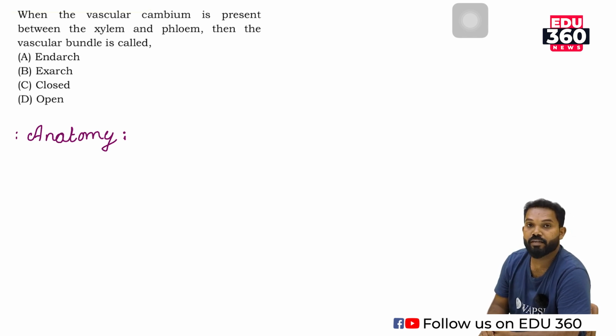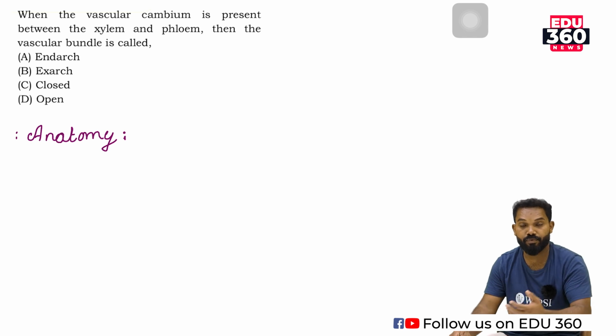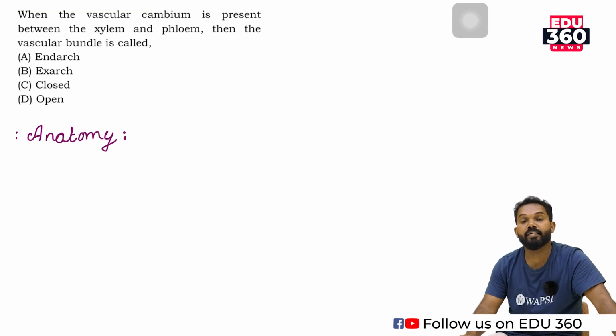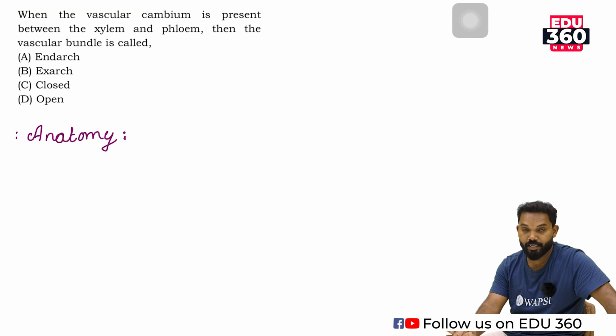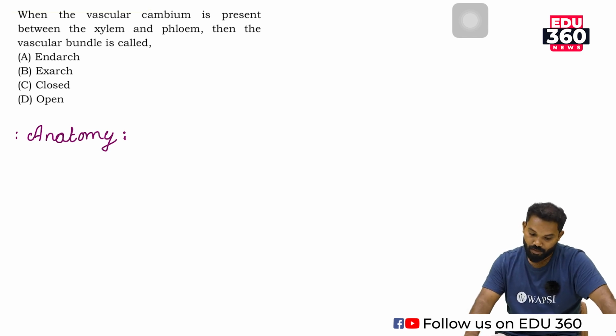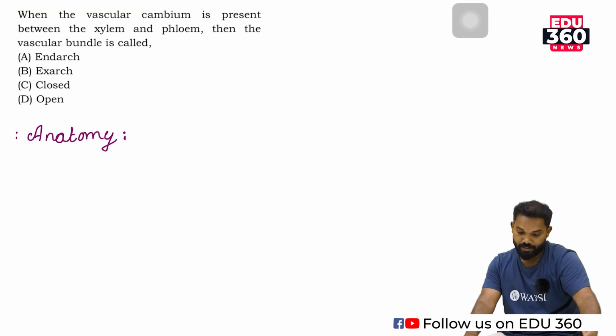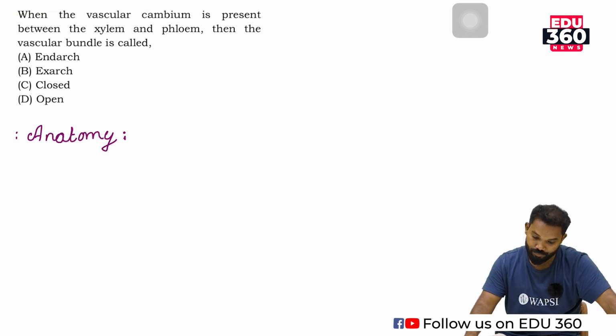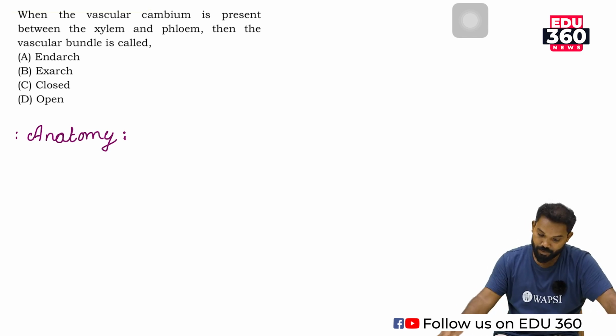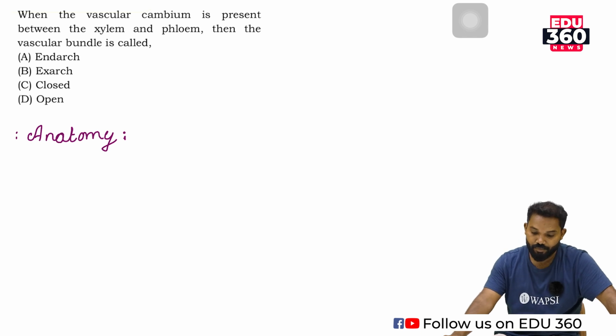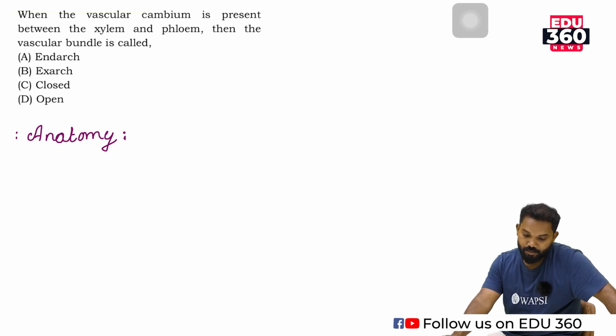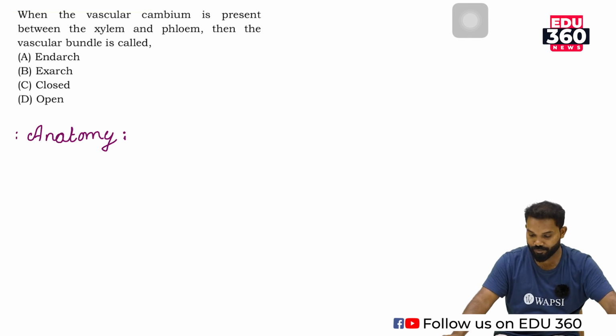Xylem and phloem are conducting tissues. They are complex tissues, consisting of many components such as parenchyma, fibers, sieve tubes, companion cells, etc. In the stem, there is a cambium present in between xylem and phloem.